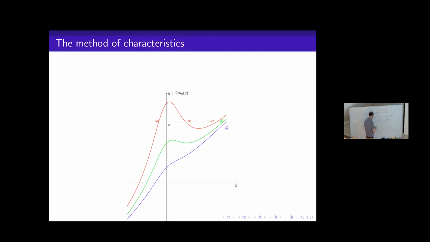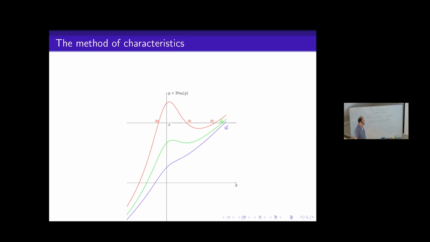So now if you are given a time t and a point x on the line, you may want to find all the characteristics, which are lines y plus 2t u0 of y, where y is the starting point of the characteristic at t equals 0, such that at time t the characteristic is x.